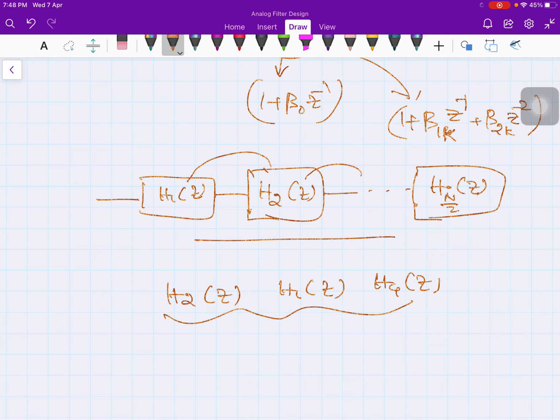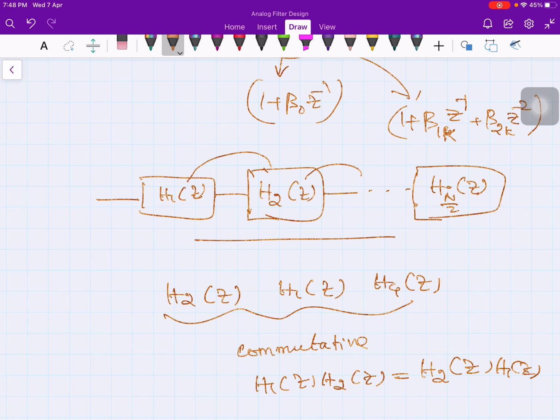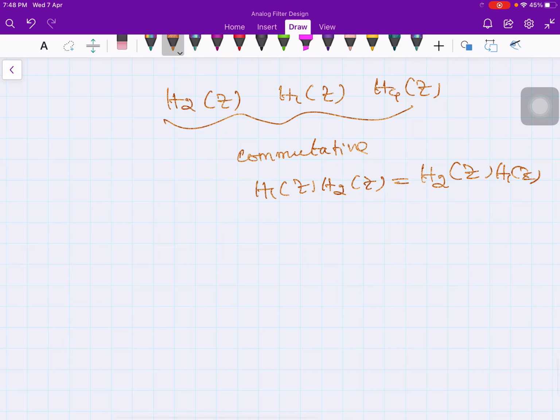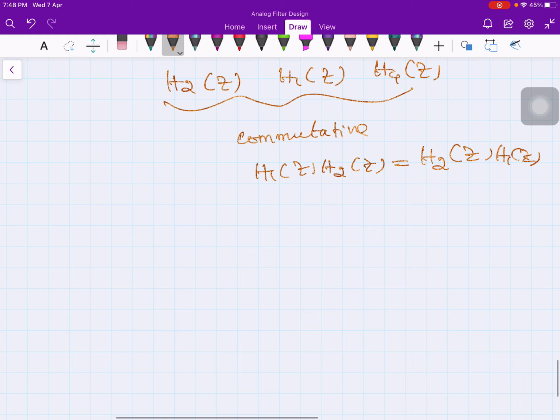We know that multiplication is commutative, right? H1 of z times H2 of z is the same as H2 of z times H1 of z. Whatever order you like, you put it. As far as the total function is concerned, there is no change. So multiplication is commutative in theory.